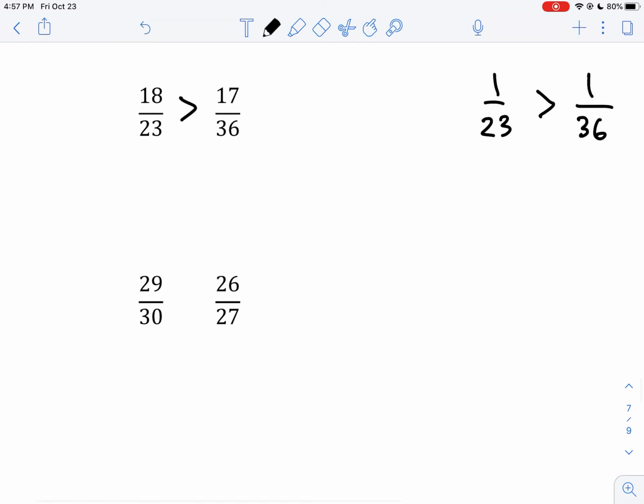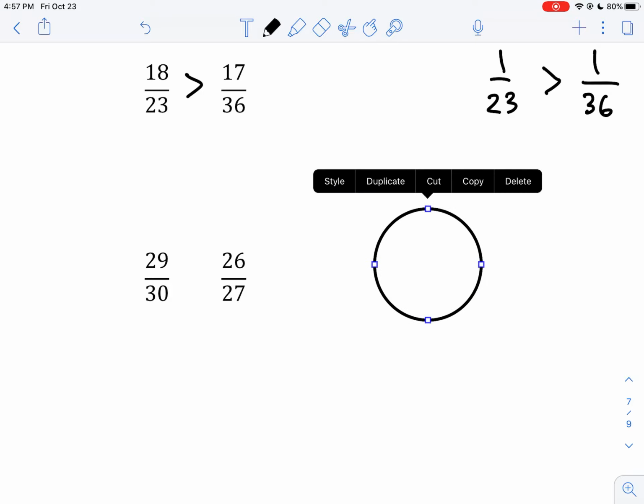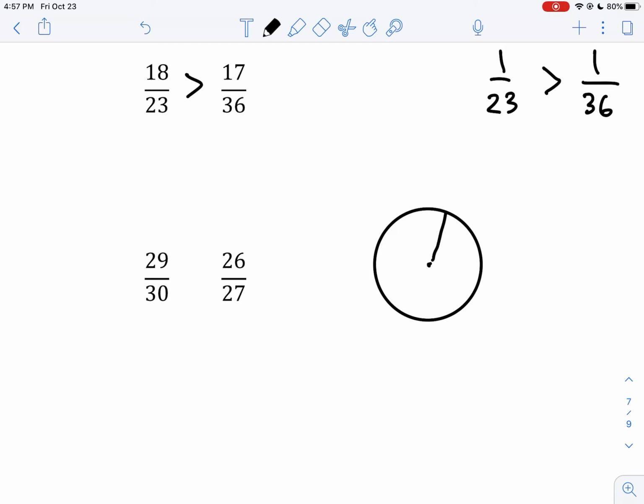And this last one, 29/30 versus 26/27. Notice that these are super close to being 1. 29/30 is just 1/30 away from being 1. So if you were to do a circle of this, now let me actually do a whole circle, a nice looking circle. And there would be a little sliver not shaded.